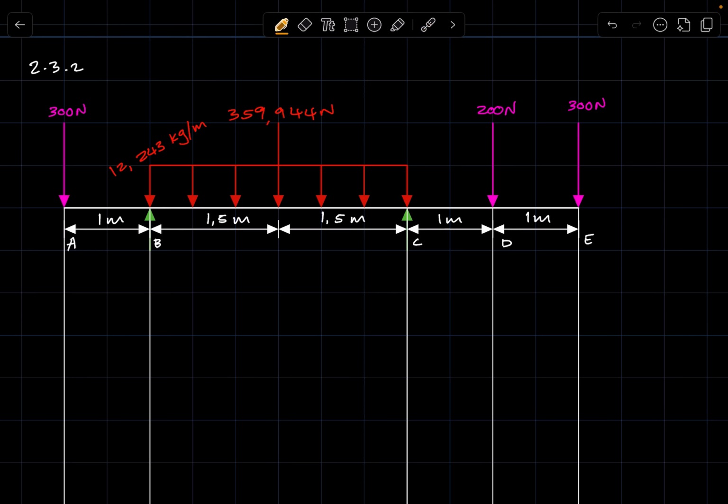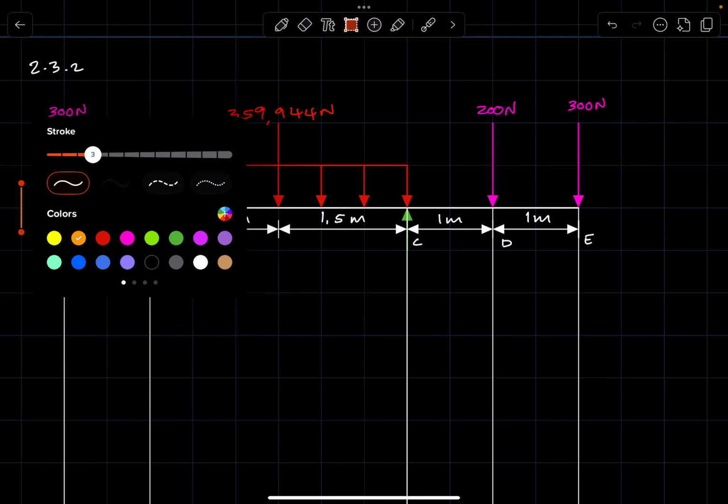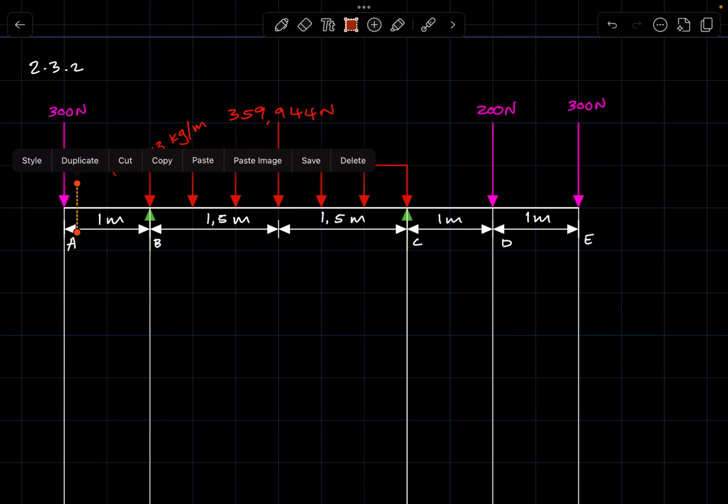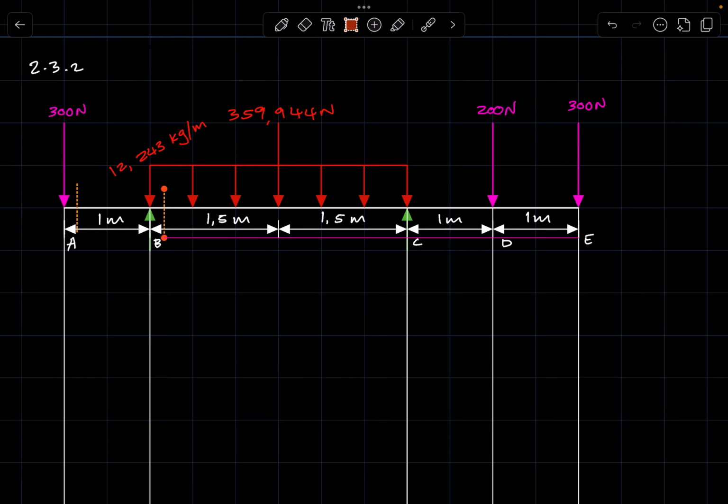For instance, I'd have, say, that line. Let's change the style. So draw a sectioning line on the right hand side of each of the critical points.